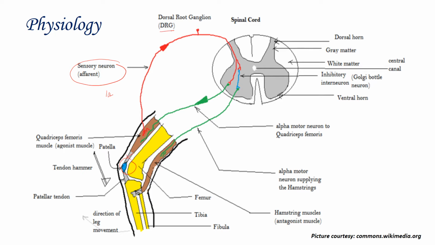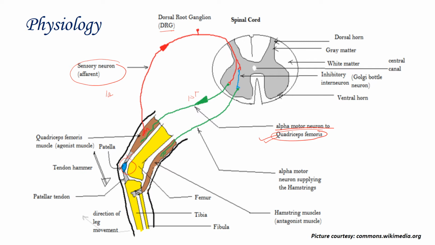In the dorsal horn, this impulse can take two pathways majorly. The first pathway synapses with the motor neuron of the same muscle, leading to contraction. In this case, it is the alpha motor neuron to the quadriceps femoris muscle, which is the agonist muscle of the patellar reflex.